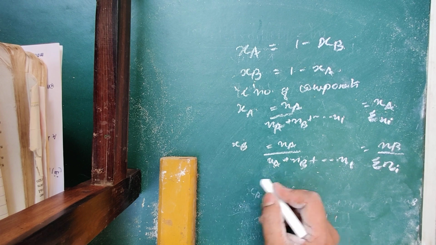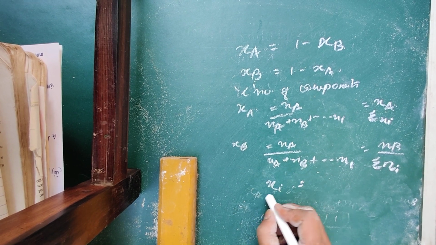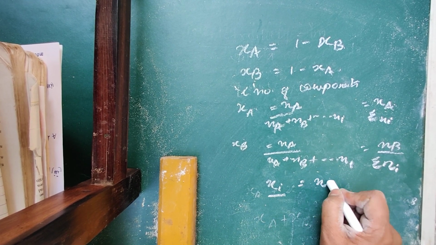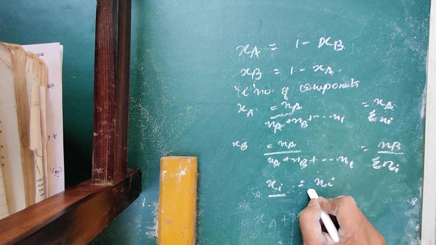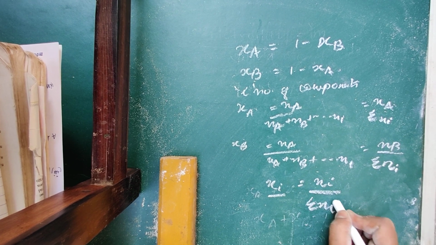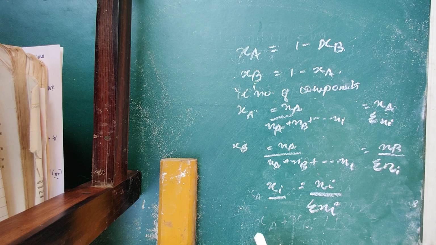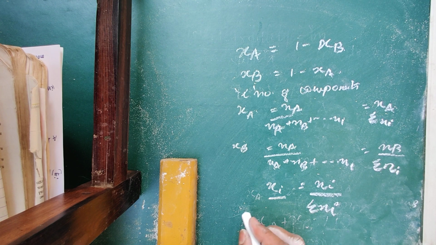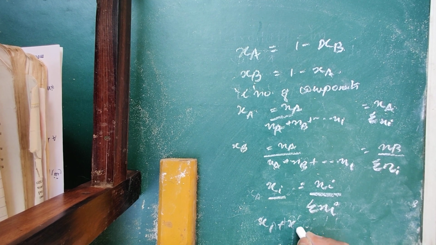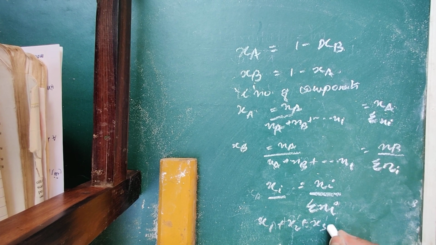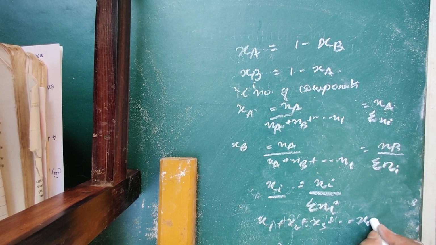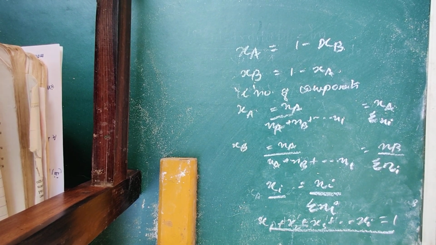So in general, for i components, xi equals Ni upon summation Ni. And you can show that x1 plus x2 plus x3 and so on up to xi will always be equal to 1.